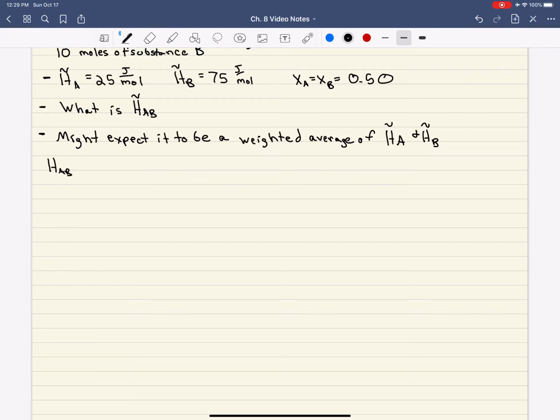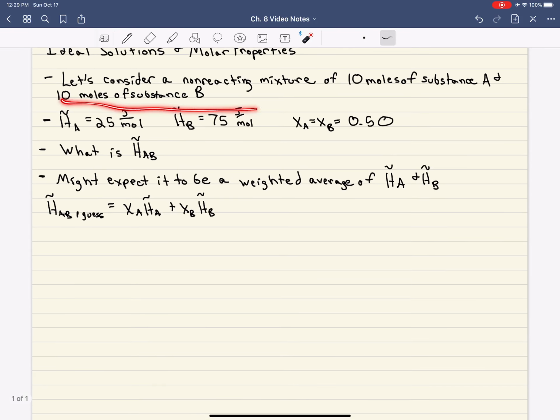So our molar enthalpy of the mixture, and we're going to call this a guess, would just be something like the mole fraction of A times its molar enthalpy plus the mole fraction of B times its molar enthalpy. And if we plug in all these numbers, what we would get is a value of 50 joules per mole. Essentially right between HA and HB, and that makes sense because the mole fractions are equal.